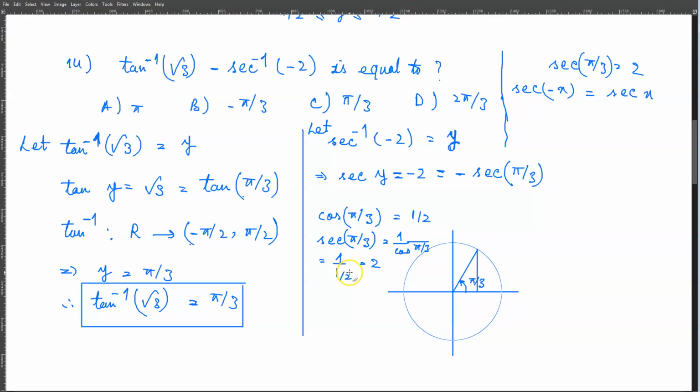Now I need to be looking for some angle whose cos is not 1/2 but negative 1/2, so that when I take the reciprocal of that, which becomes the secant of that angle, that gives me negative 2 instead of 2.